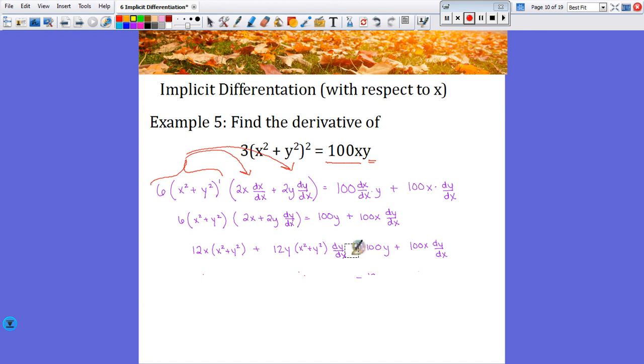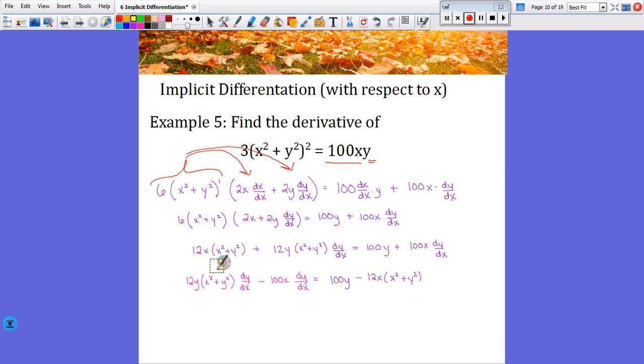Alright, now what I want to do is move everything that has a dy dx to one side of the equation and everything that doesn't have a dy dx to the right side of the equation. Okay, this side stays on the left, so it's positive. This side moves to the left, so it's negative. This stays on the right, so it's positive.